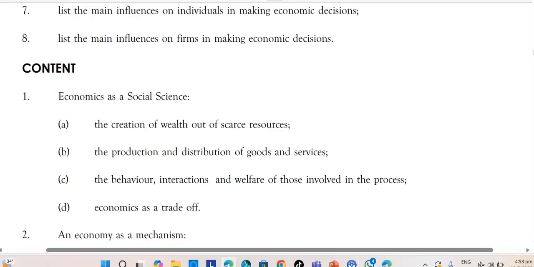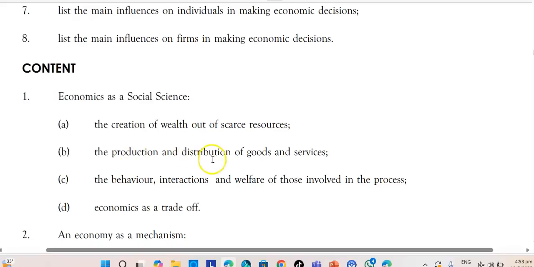And do you remember what are the resources that we are talking about? Land, what else? Capital, labor, and entrepreneurship. So production refers to creating goods and services using resources.